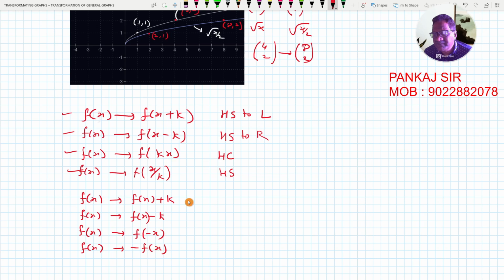So when we complete these 4 also, in total we'll have completed 4 plus 4, 8 transformations. This remaining 4 I'll be taking some other day, some other time.